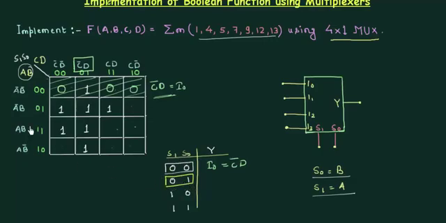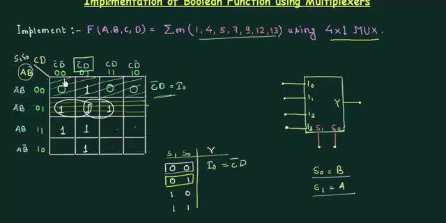So let's see. When your S1 is 0 and your S0 is 1, which means this complete row. Okay, and in this complete row we are having 3 ones. So what we have to do, we have to combine these. So I will do the combination like this. This is your first group, this is your second group, and for the first group, I am having C complement because D is changing from 0 to 1.